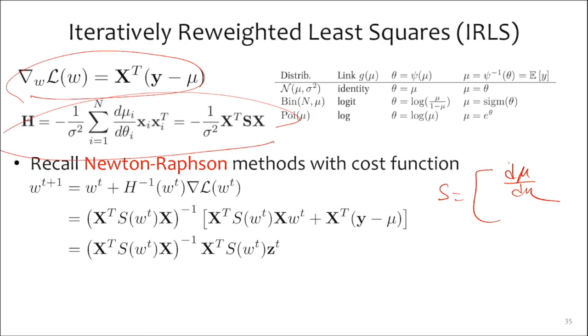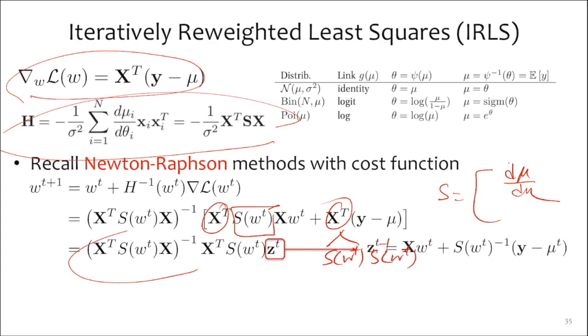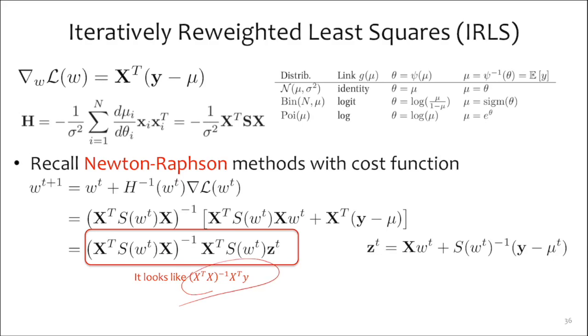What I see here is that I am interested in connecting this to the normal regression. This term is the same between the two terms, and if I take this guy out, I'm going to get the form. So let me multiply this with S of WT, S WT inverse. I'm going to get a form that looks like X X transpose multiplied by this. And this was exactly the same form used for normal regression.